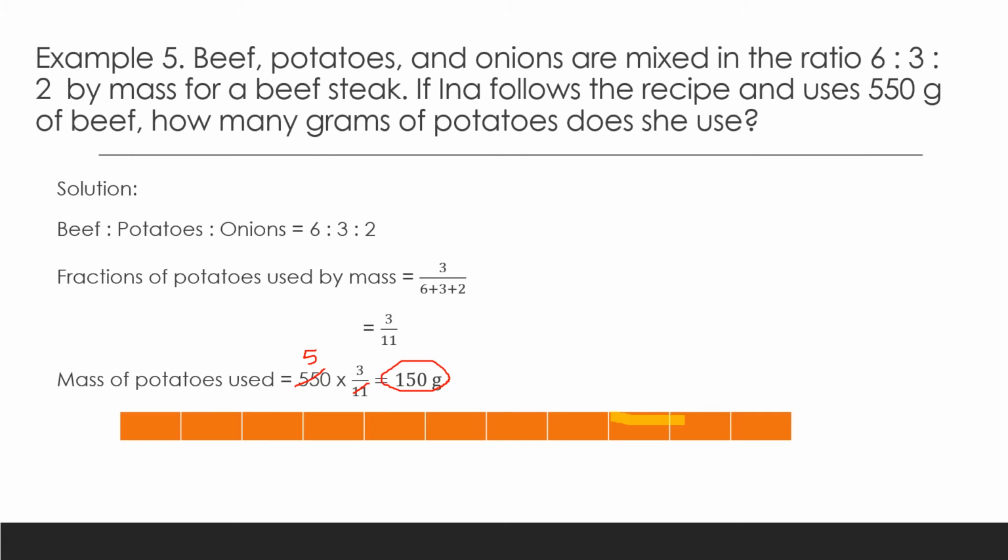So maybe I will just use different colors. Okay. So this one is the part of the potatoes, no? So these are 3 parts of the 11, no? So that means 150 grams of mashed potatoes, no? Yan yon. Okay?